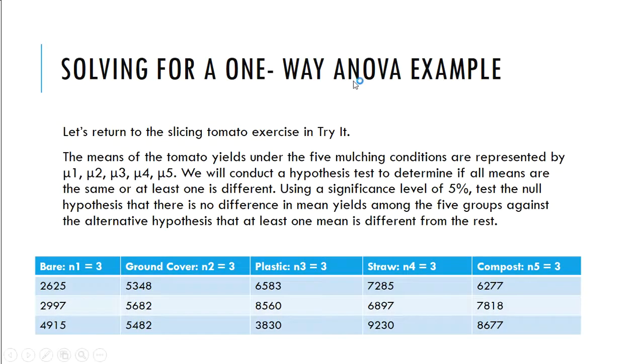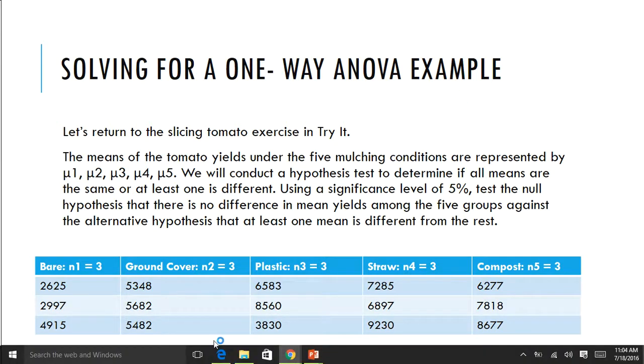Okay, so let's do this, solving for a one-way ANOVA example. If you go in the book to page 704, you're going to see some data for soil covering types for tomatoes. I put it here on the screen because I'm going to walk you through this problem.